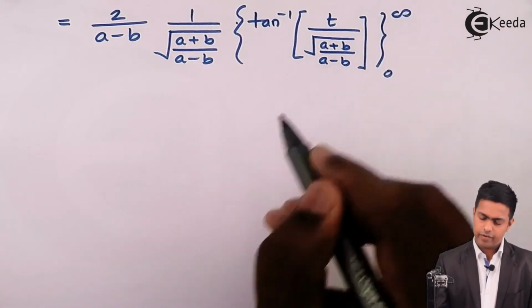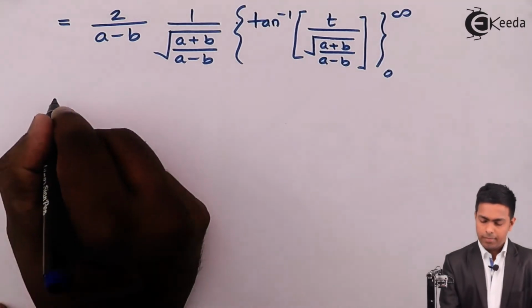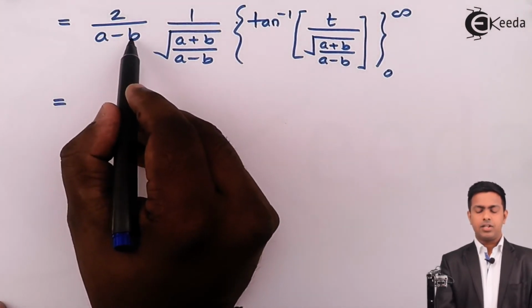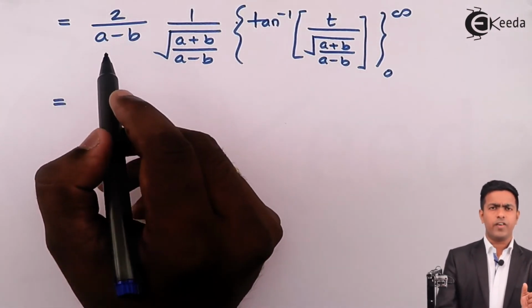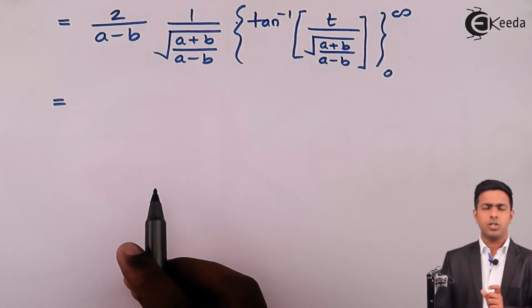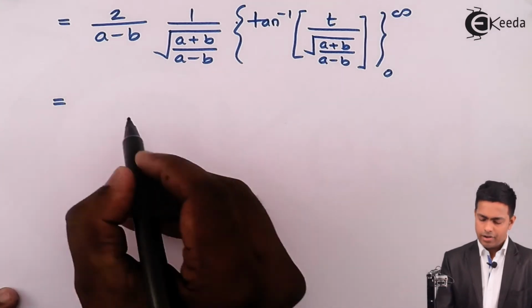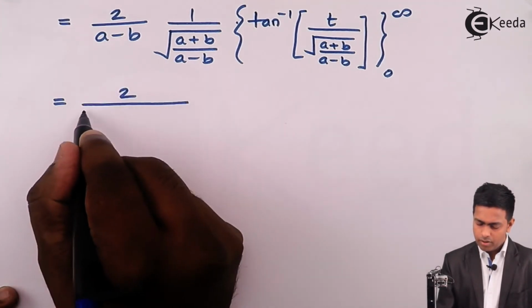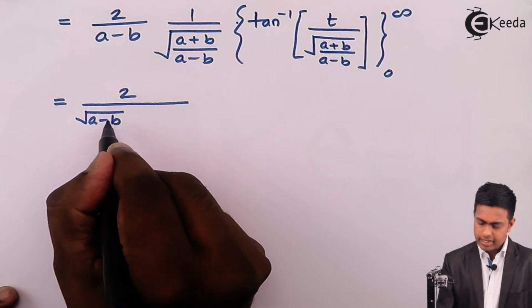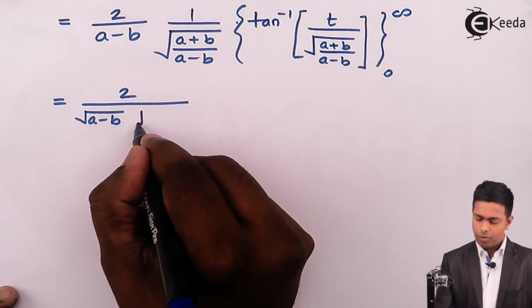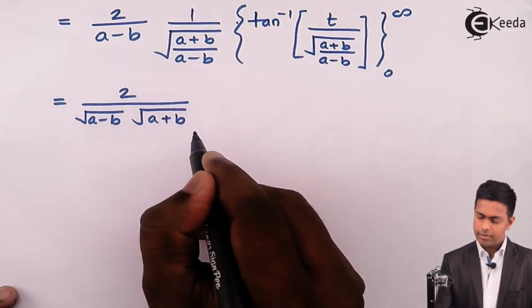from 0 to infinity. Now here we can rewrite this a minus b as root of a minus b into root of a minus b, and one root will be cancelled with this root, and here we will get 2 upon one root, that is a minus b remaining, and from here root of a plus b.